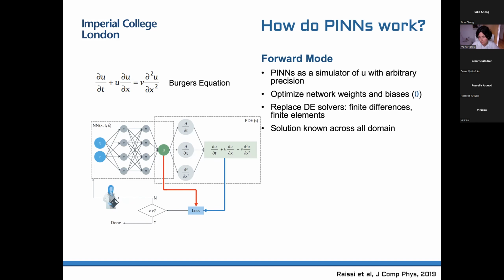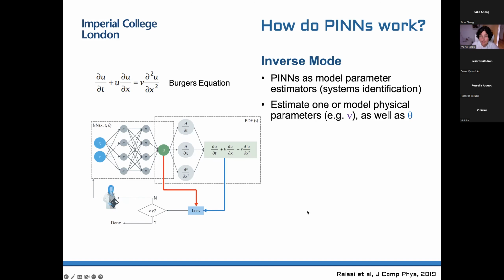Alternatively, you can use the PINNs in inverse mode. In this case, you do not tell the PINNs the specific value of one or more parameters of your system. So here, for example, you could withdraw the knowledge about this parameter nu, and then the PINNs would treat nu as yet another parameter that it's optimizing for when it does the training process.